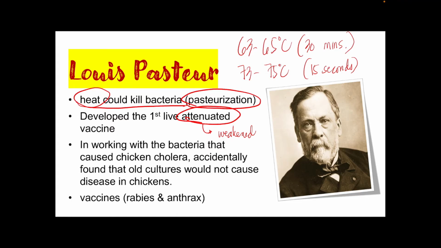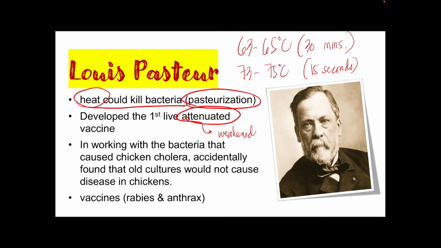So what will happen is our immune system will still be stimulated to produce antibodies against these attenuated microorganisms. And if ever we are exposed to a certain pathogen, then there is a higher tendency that we might not get the disease because we were previously exposed to the attenuated microorganisms through vaccination.